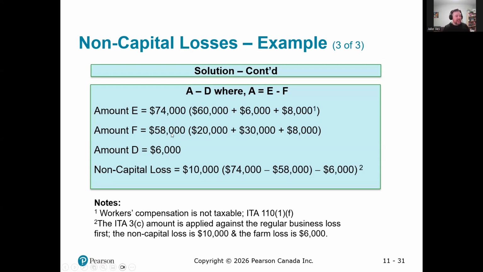F is $58,000, 20,000 plus 30 plus that 8. So that workers' comp is coming in as both an income and a deduction. The amount of D is our farm loss, $6,000. So our non-capital loss is just the difference of 10,000. 74,000 minus 58 minus 6 comes to 10.